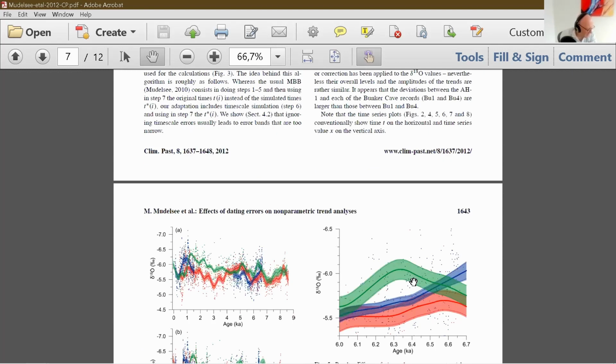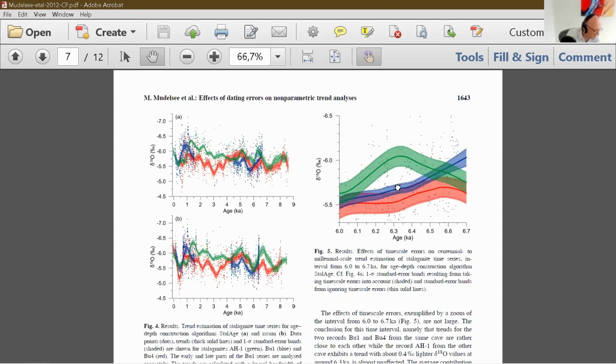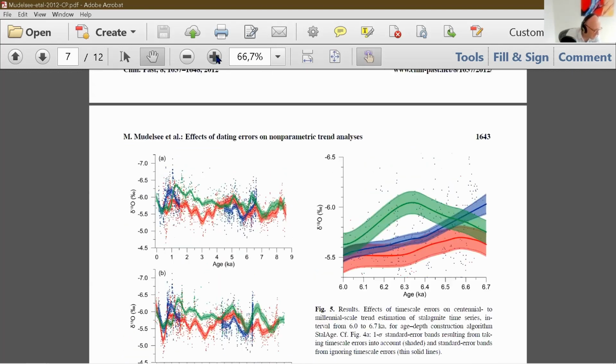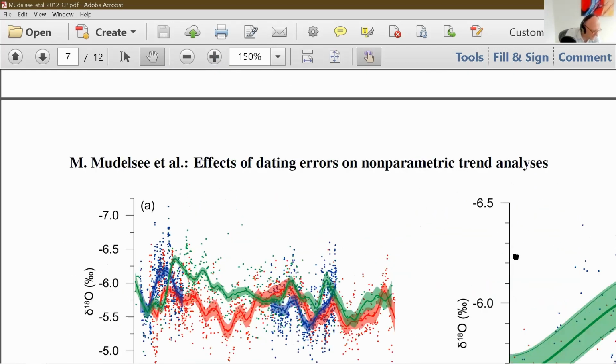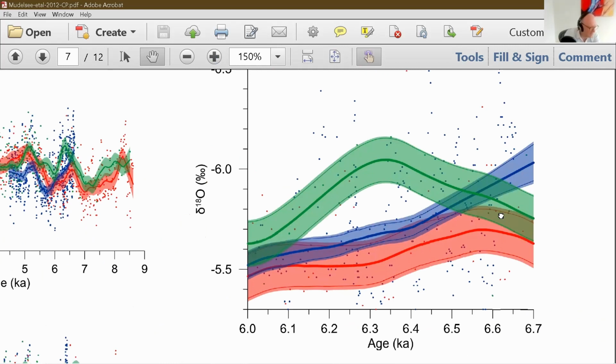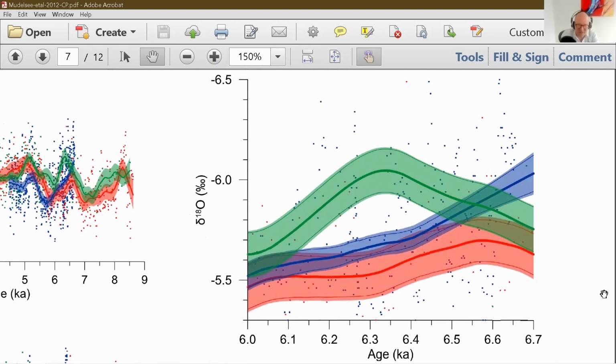And here we discuss, maybe this is interesting, here to the right, let me make this bigger, because here you really see the effects of the dating errors. This is the interval from 6.0 to 6.7 kiloyears before present. Data points are the small lines. The solid line is an estimated trend.